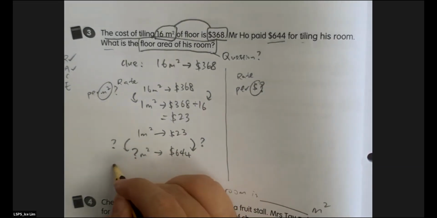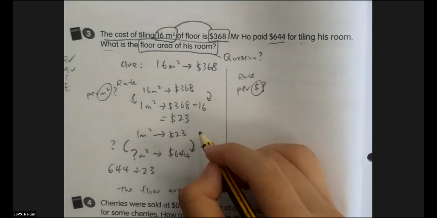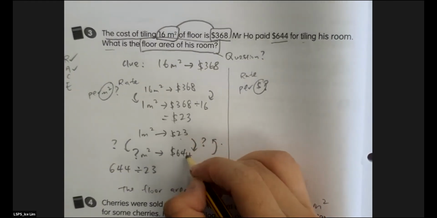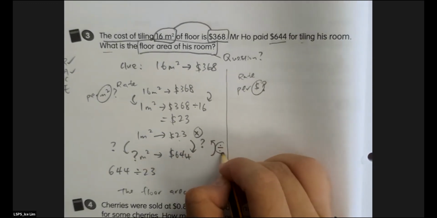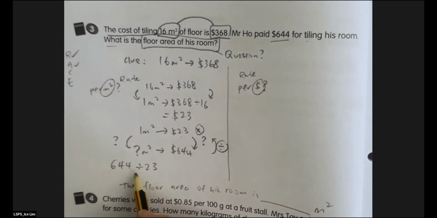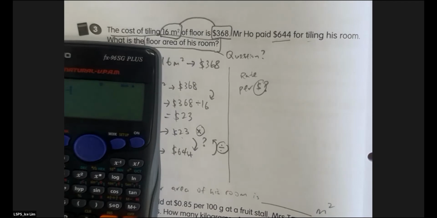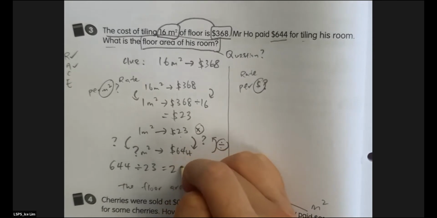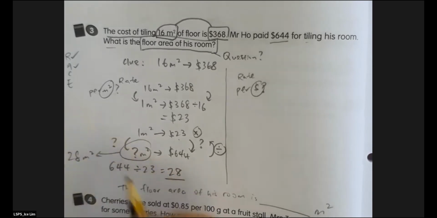I will use 644 divided by 23, because the idea of this is working backwards. From 23 to 644 is definitely a multiplication relationship. When I move from 644 to 23 is division. So I find 644 divided by 23. That's 28. So this will be 28 square meters.